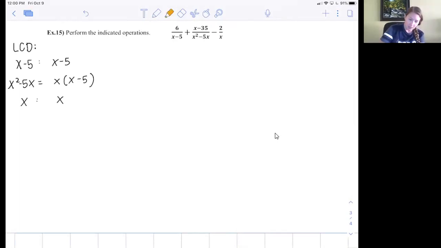Okay, so do I have anything in common with all of them? No, but I'm close to it. So I can see that these first two have the x minus 5 in common, okay? So that just means I've got to times this one right here by x minus 5, okay?